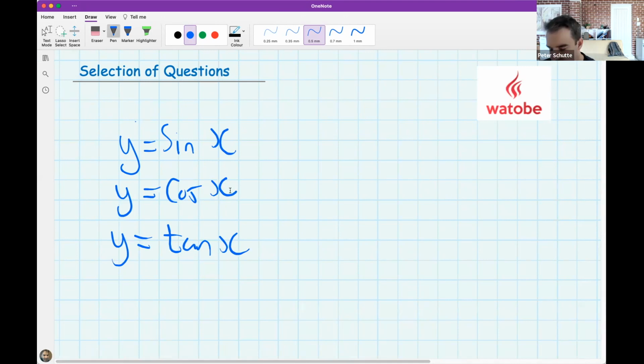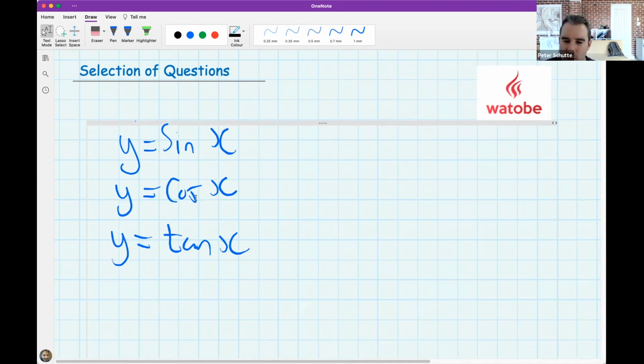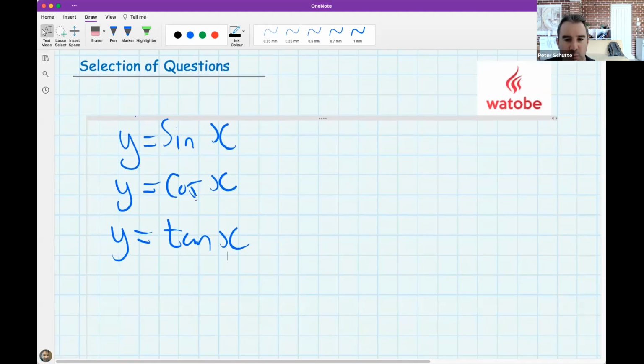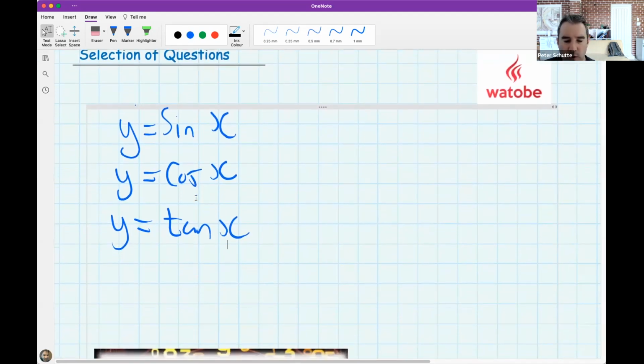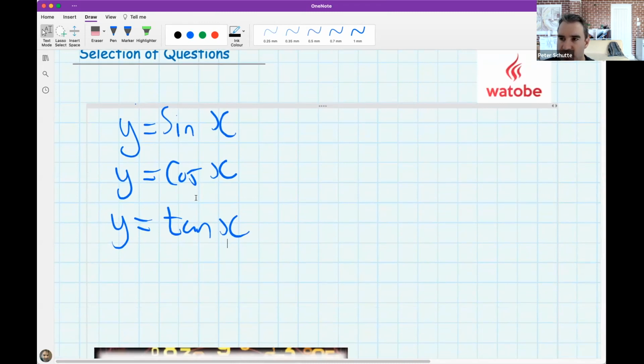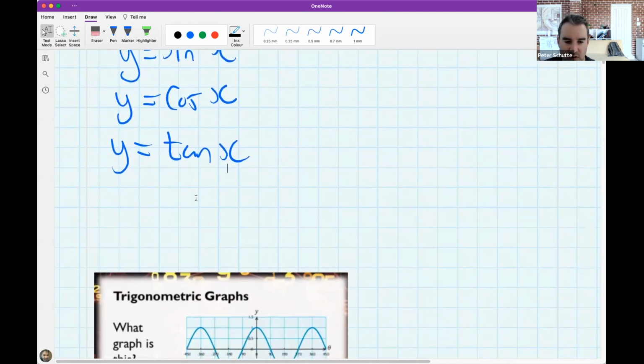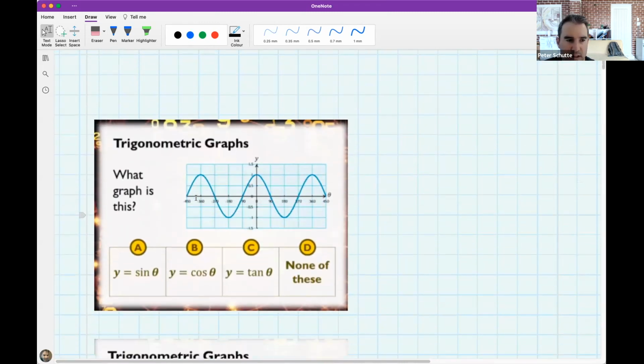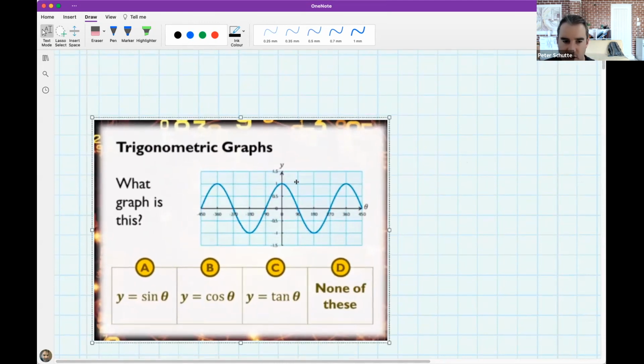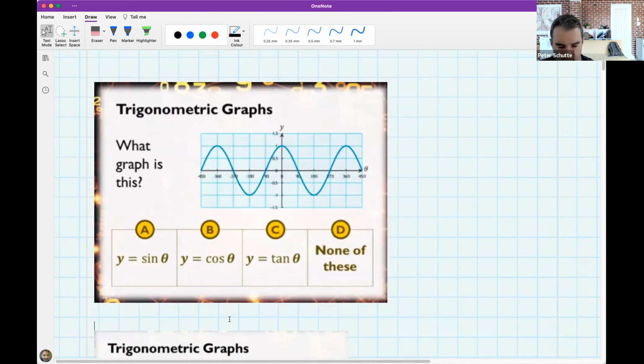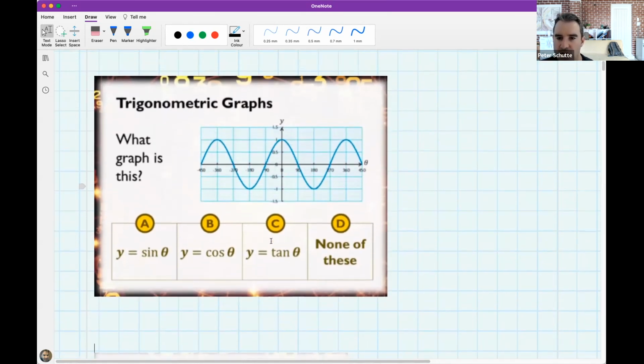Before we get into those details, a nice way to start is to have a bit of fun quizzing and see what we know and what we don't know. I've got some fun multiple choice questions to start us off. If you look at this graph, take a moment and think about which of the four graphs is shown here.